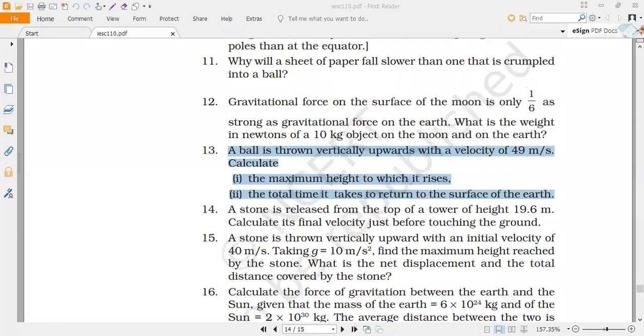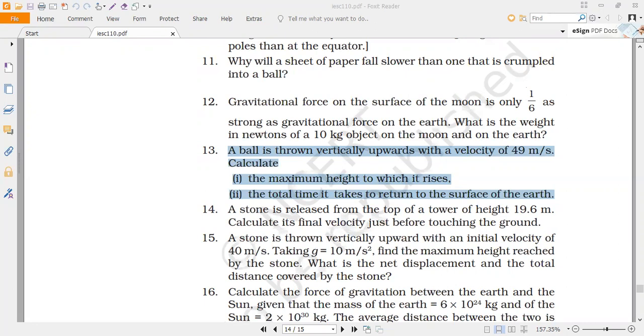Next, thrown upwards, the G value is negative. How much is it? We should know this too. Minus 9.8 meter per second square, because again it is thrown upwards.